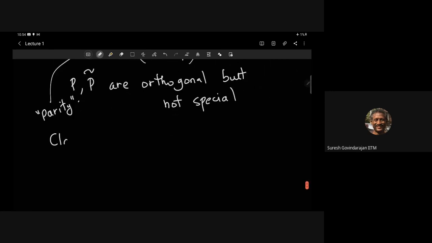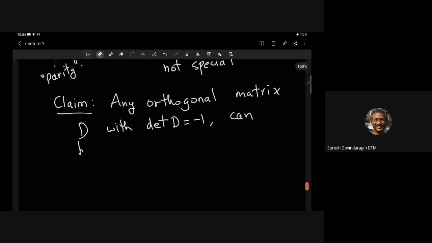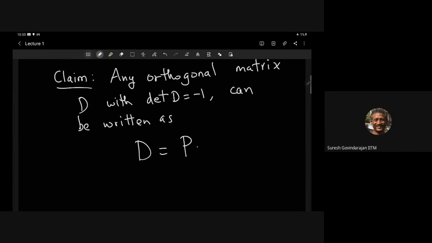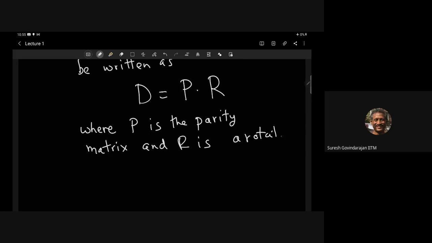Okay. I will end today's lecture with the following claim that any orthogonal matrix B with determinant of B equal to minus 1 can be written as... Oh, something went wrong, I don't know.